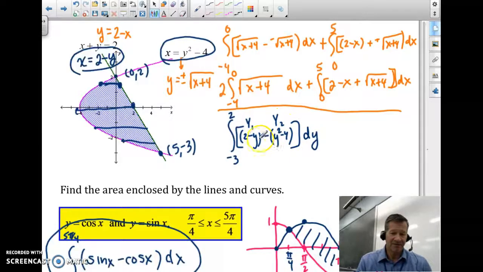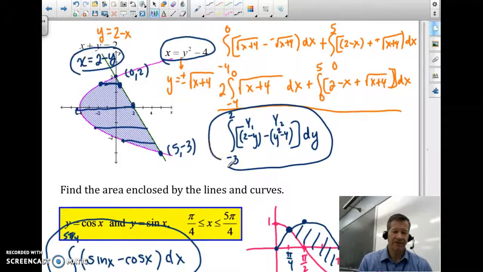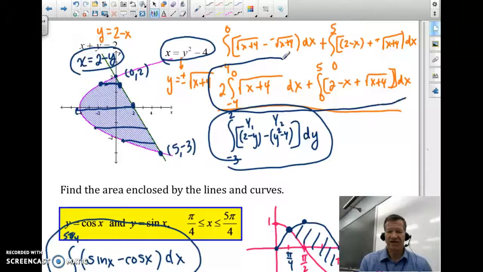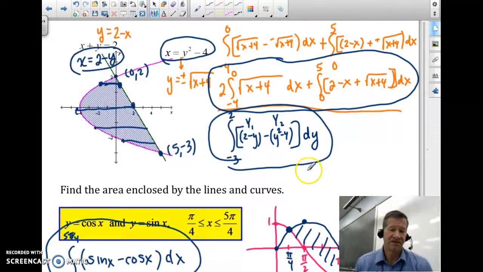You're going to get the same answer whether this variable was a y or an x, as long as you have the same functions. So I can find this area this way, or I can find the area this way. If you would take your calculator and do an f(int) of both of these, you would get the exact same result, that this area would be the same either way.